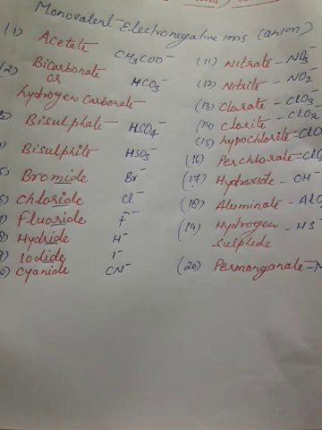Chlorine, fluorine, bromine, iodine, hydrogen all will form monovalent electronegative radicals. Bromide Br 1 minus, chloride Cl 1 minus, fluoride F 1 minus. Hydride can also form both types of radical.